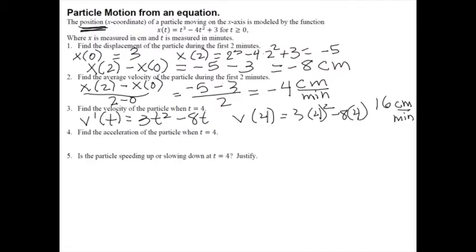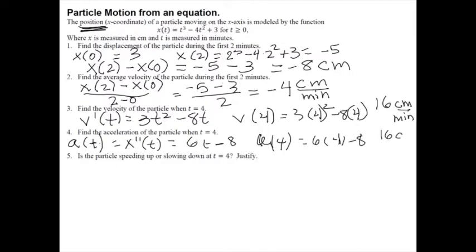Now acceleration, that's going to be the second derivative. Probably should have mentioned that back a couple slides ago, sorry. So we'll do 6t minus 8, and we'll plug in 4, which is also coincidentally 16, doesn't normally happen that way.